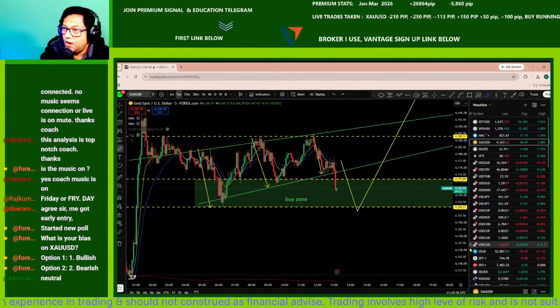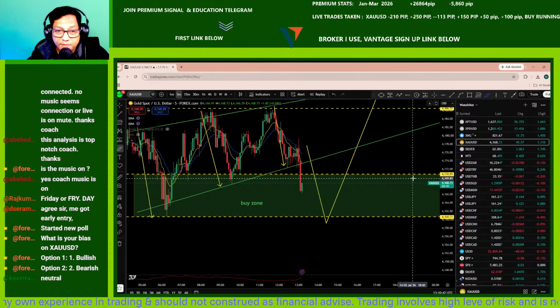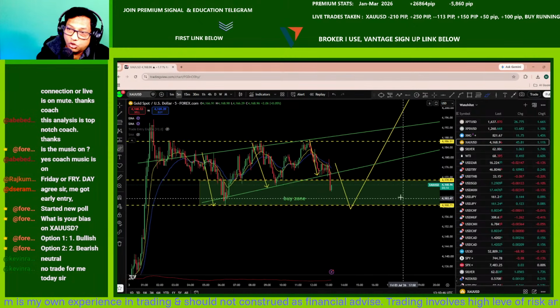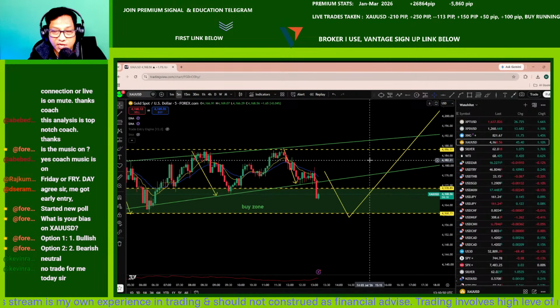I will also be interested in short-term scalping, and I'm open to trade in any direction whenever the market shows that kind of price action, right? That's where the key is.